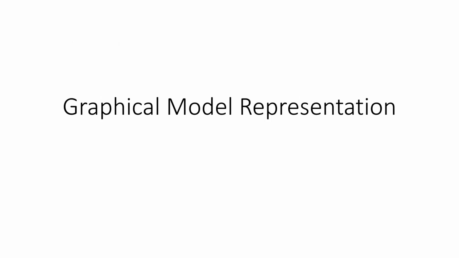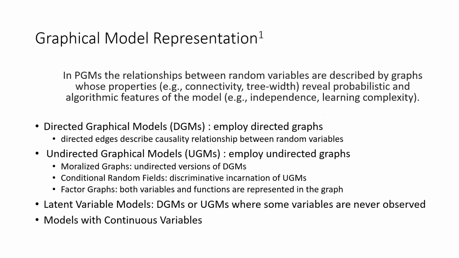Okay. So, going on to graphical model representation. In probabilistic graphical models, the relationships between random variables are described by graphs, whose properties, the connectivity and the tree width, reveal probabilistic and algorithmic features of the models, for example independence and learning complexity.